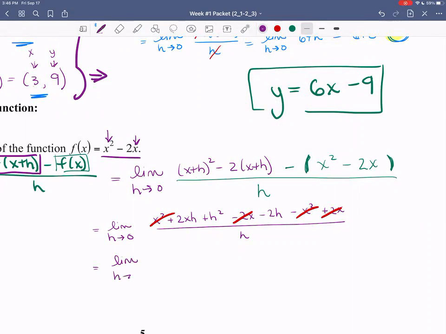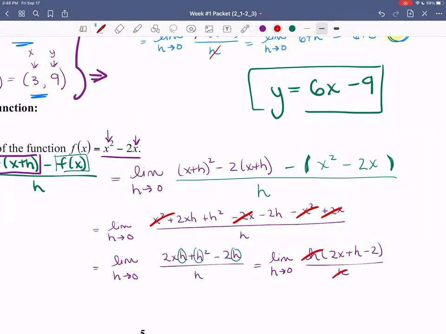We have the limit as h goes to 0 of 2xh plus h squared minus 2h all over h. And what do we notice in that numerator? There's an h in each term. So we can factor out an h from each term. So we just get h times 2x plus h minus 2 all over h.